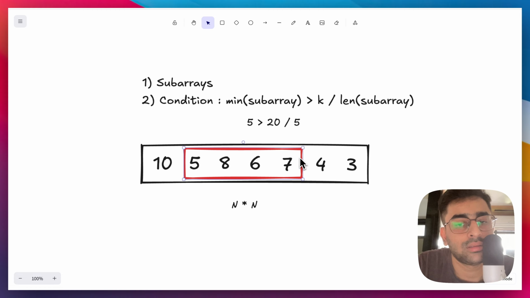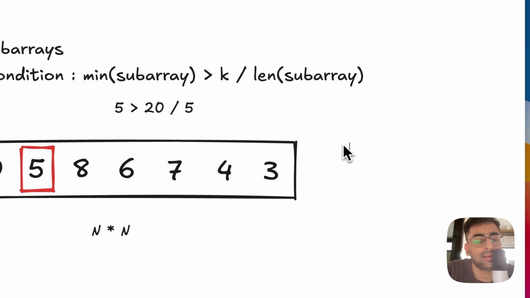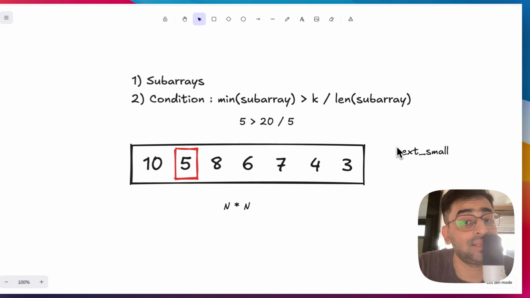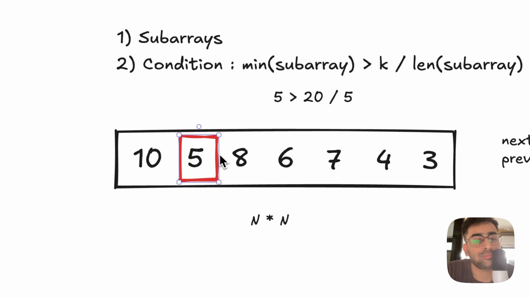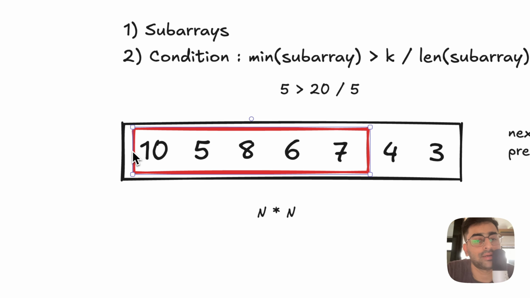Once I fix this element as the minimum element, what is the next small element of this 5? The next small element is 4. And what is the previous small element? The previous small element is not there. Hence, we can expand this window up till this point and up till this point.